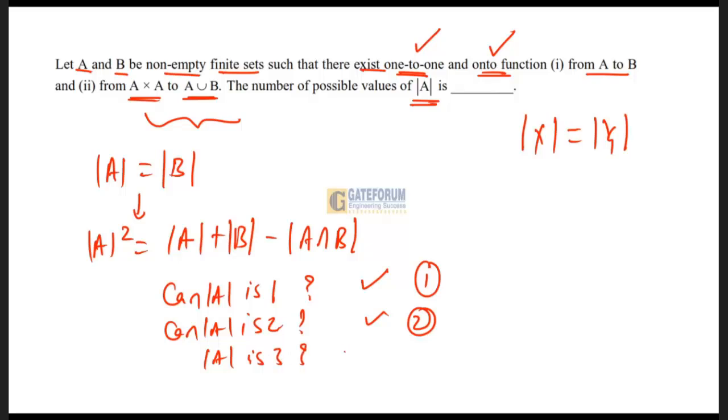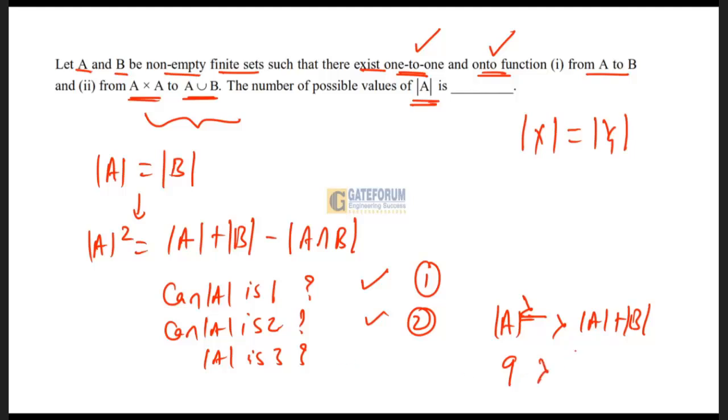3 plus 3 is 6, but in that case, if you look at the intersection term, it might be an odd value, because for larger values the A squared is there. A squared should be greater than A plus B, because there is a relationship of square. But here A squared is 9 in the case of 3, right?